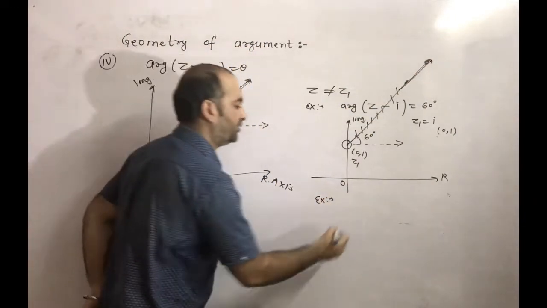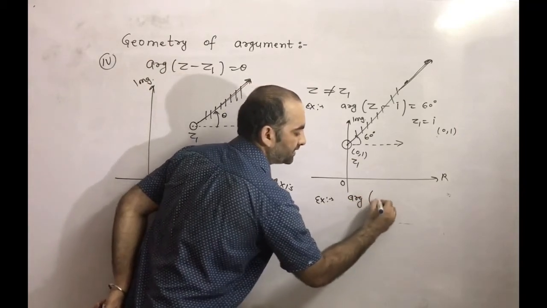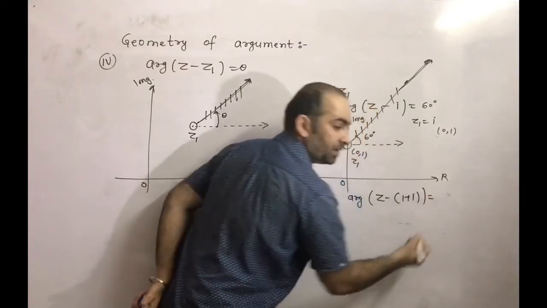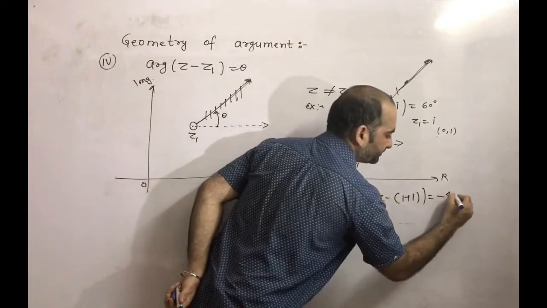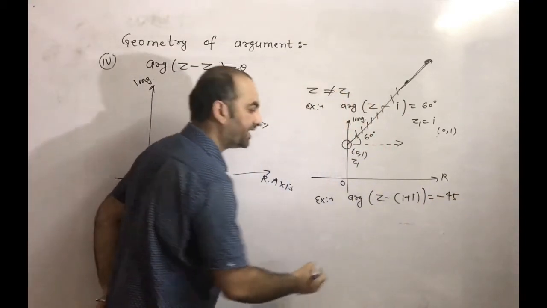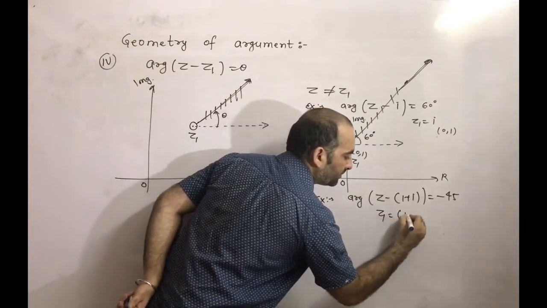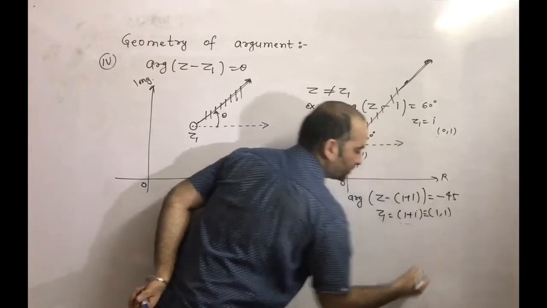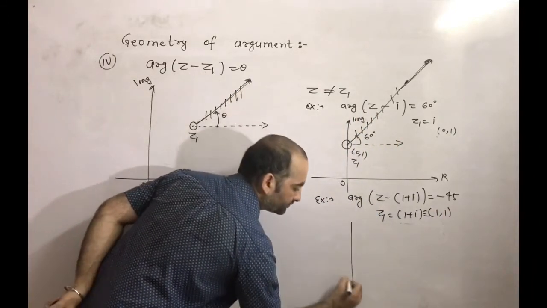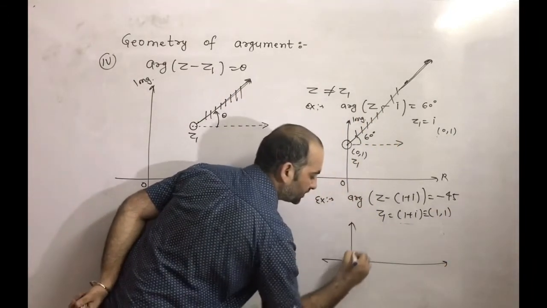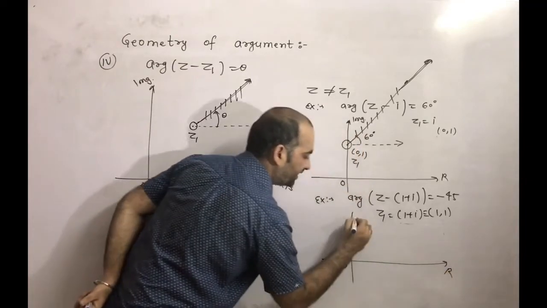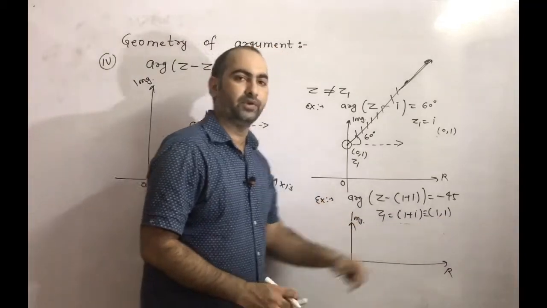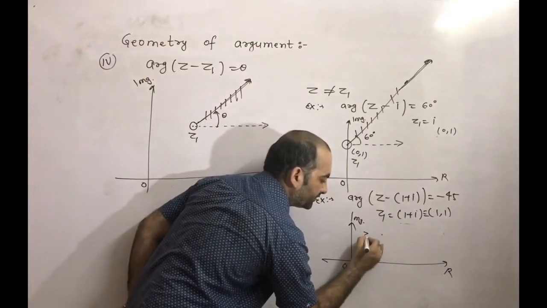Next example. If I give the argument of z minus (1 plus i) equal to minus 45 degrees. Here z1 is 1 plus i, that is (1, 1). So we are taking a complex plane, origin, real axis and imaginary axis. First we will draw (1, 1). Suppose (1, 1) is z1 here.